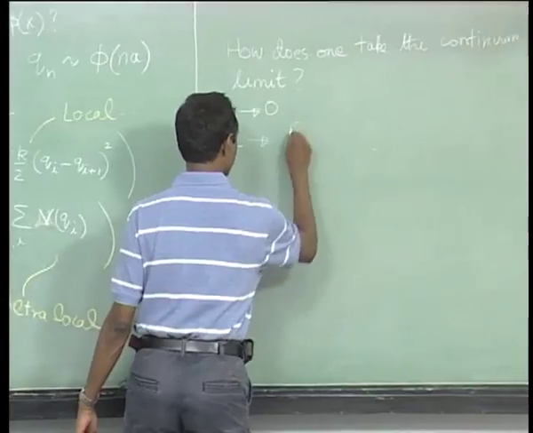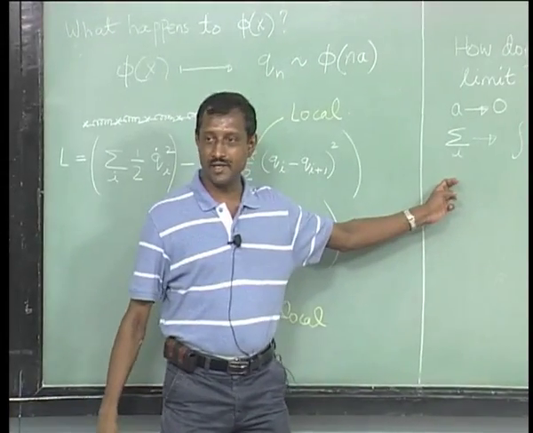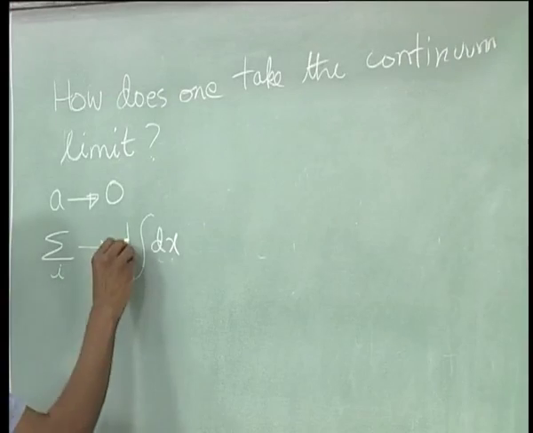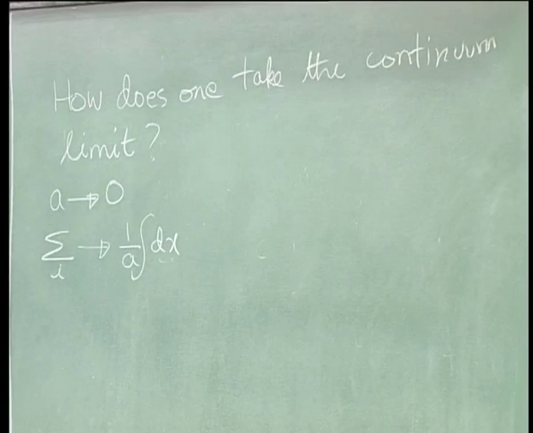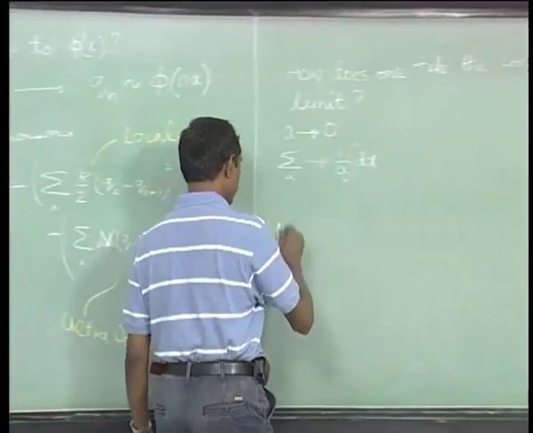But this has dimensions of length and this is dimensionless. How do I fix it? You go back to the old definition of things. So you put a 1 by a out here. Now let us go back and first pick up the kinetic energy term. So let us look at the KE term.